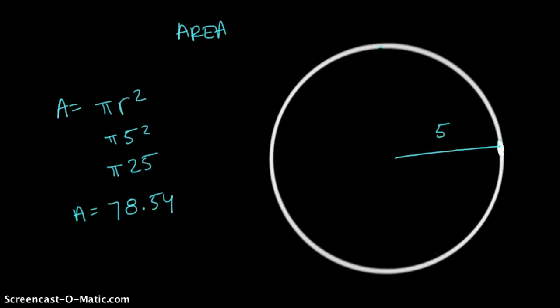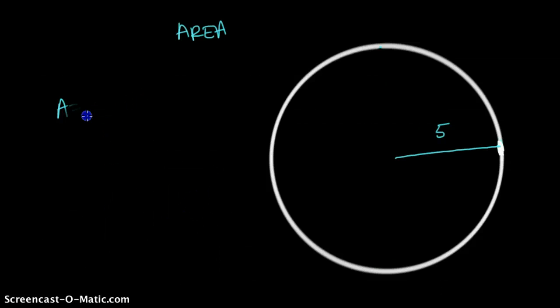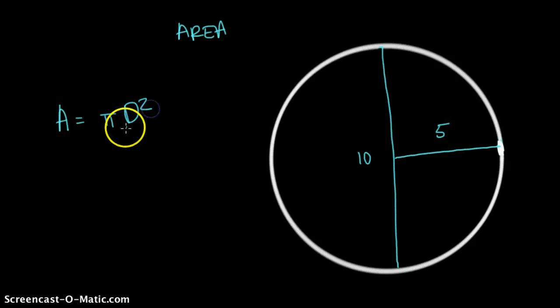Again, the number from before, 78.54, is how many squares there are in this circle. I'm going to erase some of this. We can start over with a new figure. Let's say I know the diameter. And yeah, if you know the diameter, you know the radius as well, but let's say that's what I got. So that diameter would be 10 here. The formula is a little bit different. Pi times diameter squared over 4.